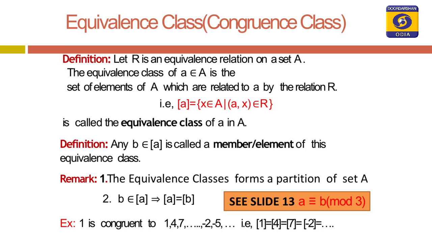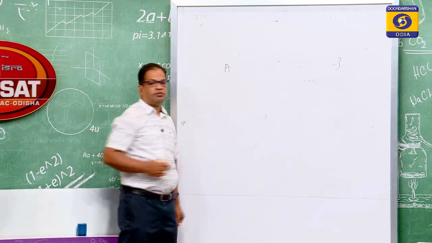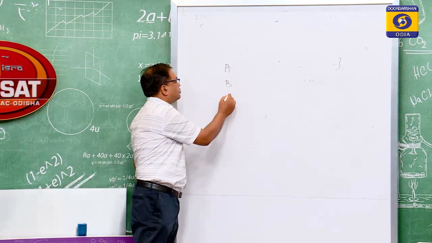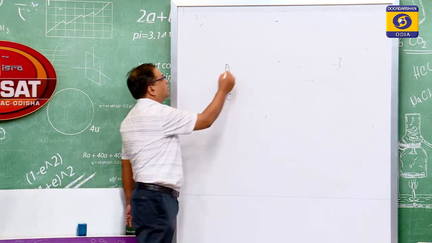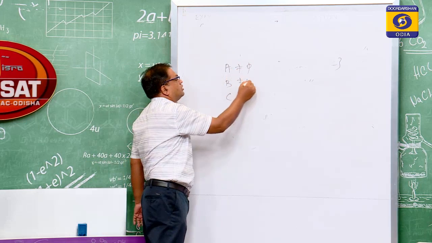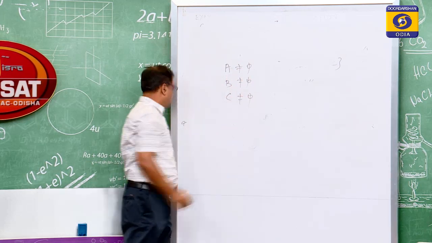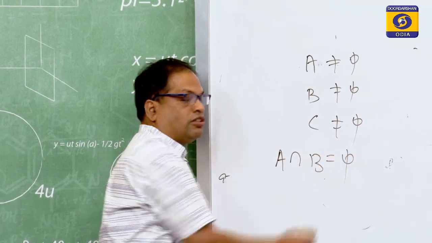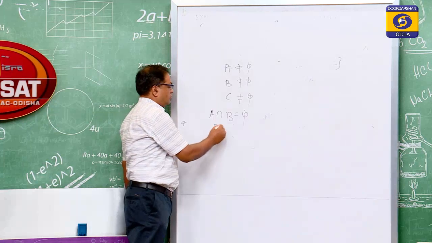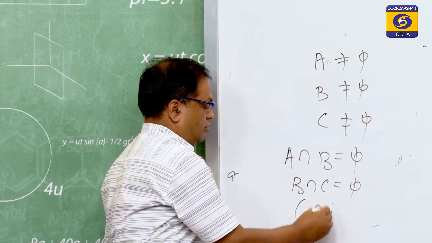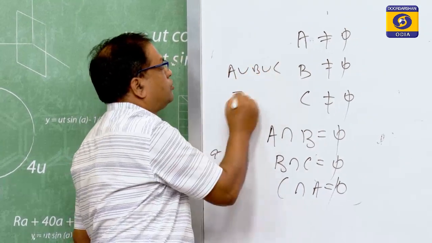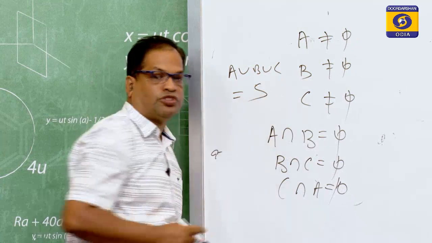Suppose there are 3 sections A, B, C. A denotes the set of students of section A, B the set of students of section B, and C the set of students of section C. Then obviously all are non-empty, there is no student common in any 2 sections, and the union is the set of class 12 science students, that is the sample space.